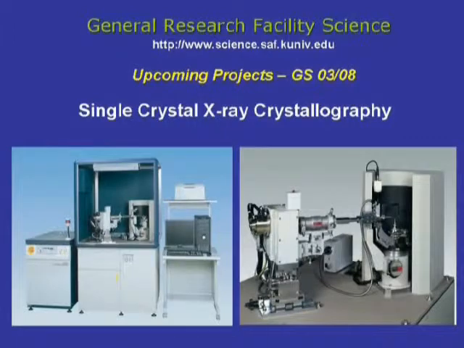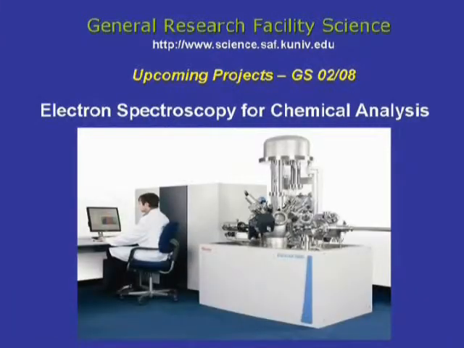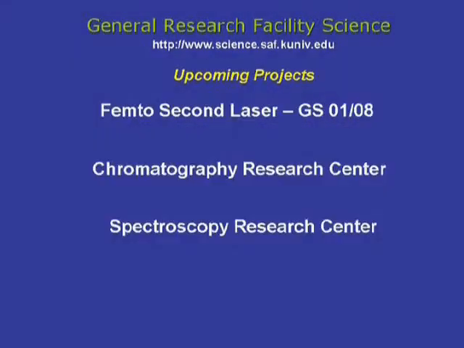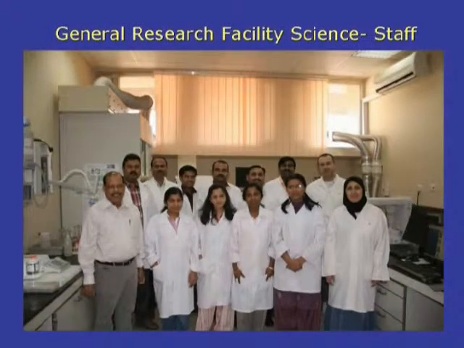With the addition of new equipment under process, namely single crystal X-ray diffractometers, monochromated X-ray photoelectron spectrometer with UPS and ISS, and the femtosecond laser, we could be proud that we are not behind any of the Western universities in availability of research resources.